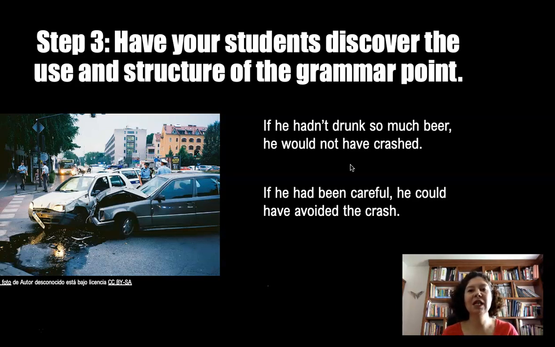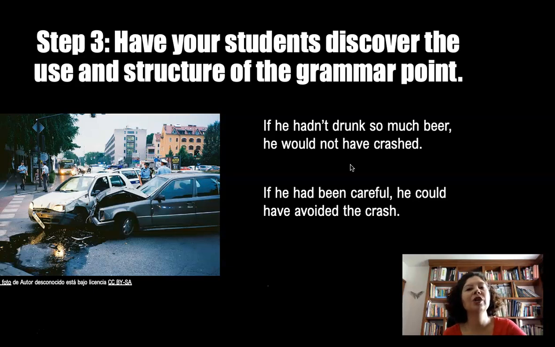If they forget the verb, the auxiliary could or would, you write it down, and then you have them think about this structure. Okay, what do we have here? First, the use. Are we talking about present, past, future? When did this happen? Now, did this happen when I say, well, he could have avoided the crash?